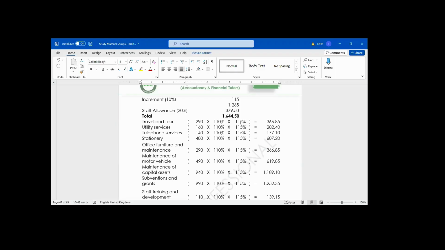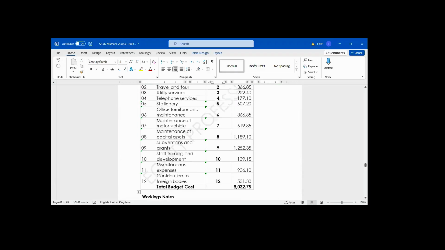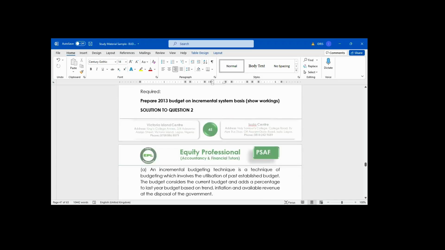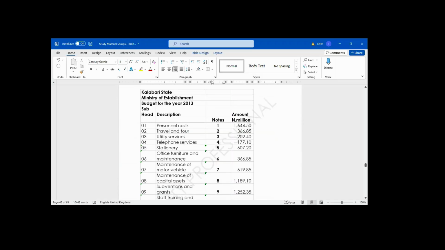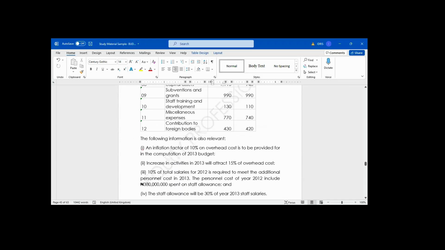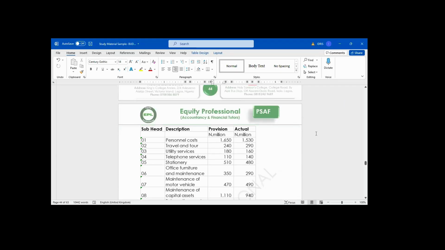Where is it in the additional information, please? Lady, can you hear me? I can hear you. The 115. Look at 290. It's last year amount. The 290 is last year amount.